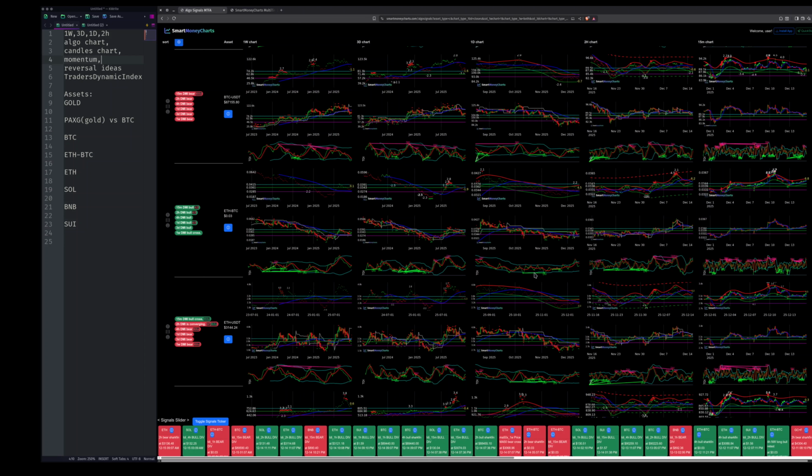Here's another interesting example of these divergences and how they play out. This big one right here, from this point to this point, that's what started this whole pump for Ethereum, 2.8K to 3.4.